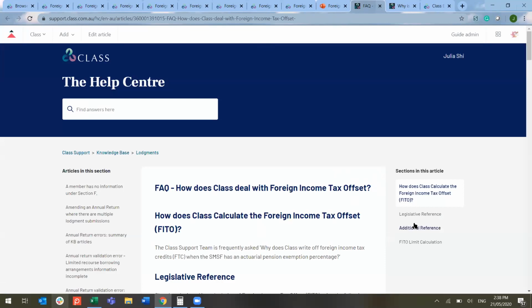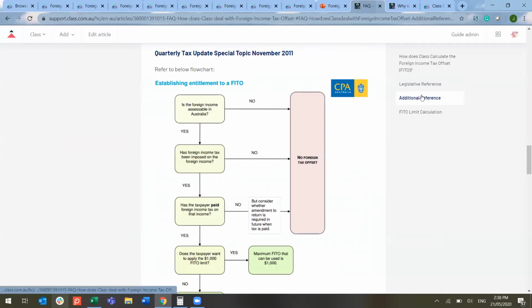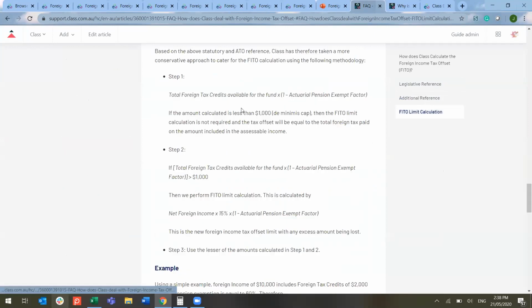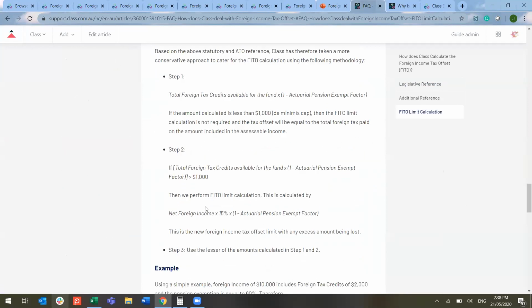This knowledge base lists the legislation and some additional information for you to check. The foreign income tax offset limit calculation steps are listed from here, but I will show you in the demo.